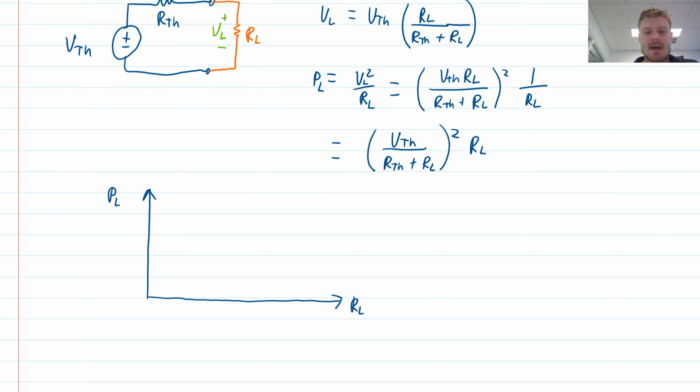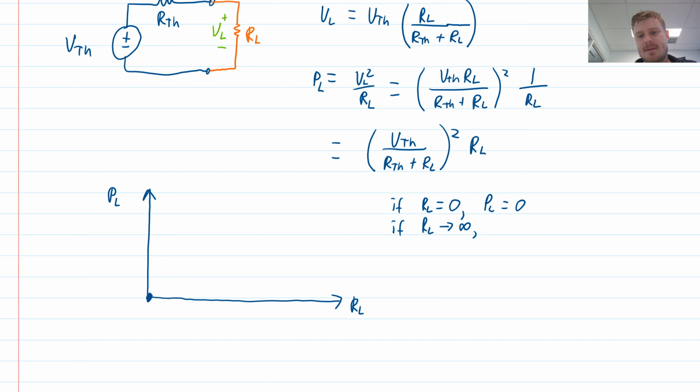So let's have a look at a few limiting cases. If the resistance of the load is 0, and I substitute 0 into my expression, I can see that the power will be 0. So this plot has an intercept at the origin. What about if I take the limit that RL goes to infinity?